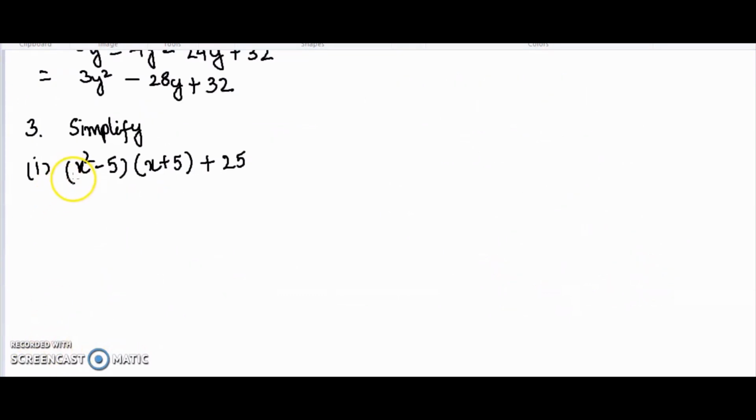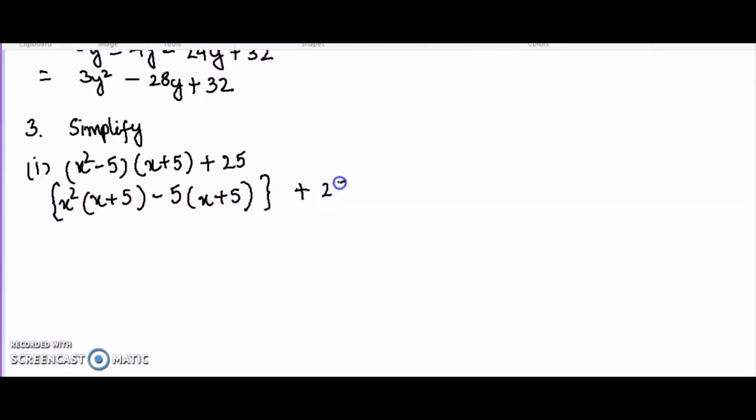So here you will see x square minus 5 and x plus 5. These you have to multiply first and then you will be adding 25 to it. X square into x plus 5 minus 5 into x plus 5. This will be simplified and then at last 25 will be added to this product.